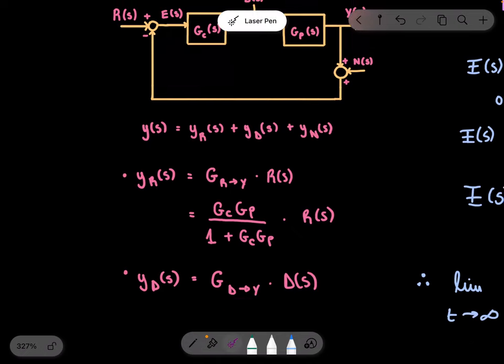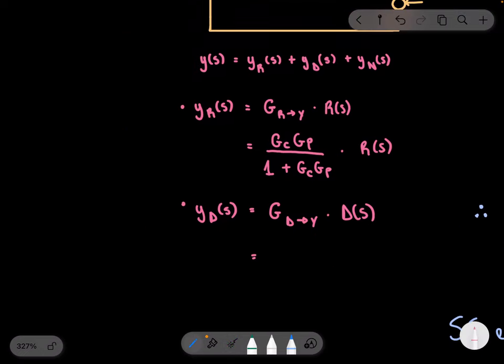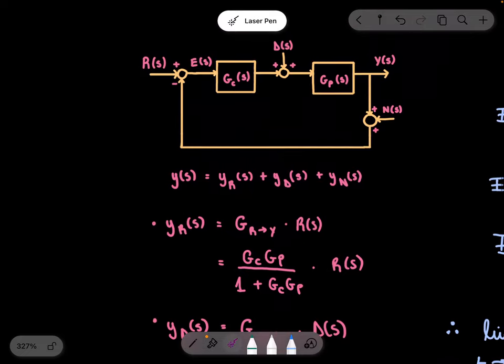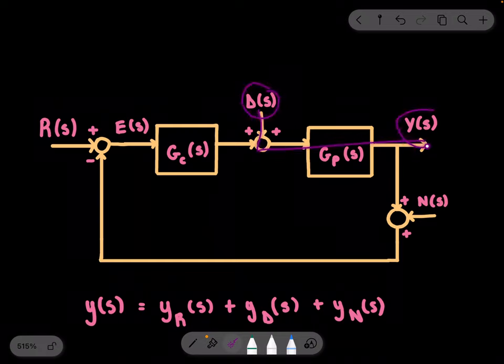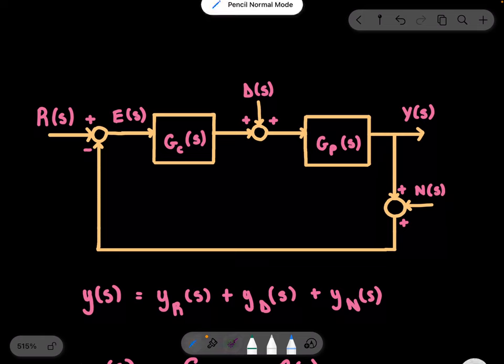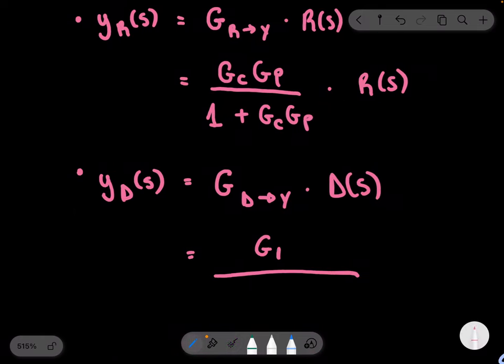Okay, so what's the transfer function for the disturbance? Once again, we write this as a fraction, and on the numerator we write the forward path. From the disturbance signal to the output y of s, in the forward path we only have one block, one transfer function GP, so the plant GP.